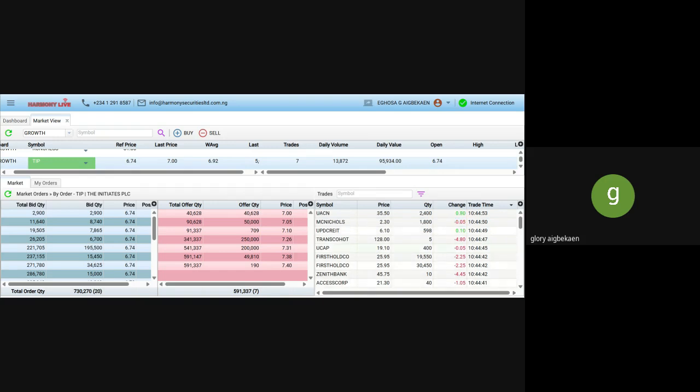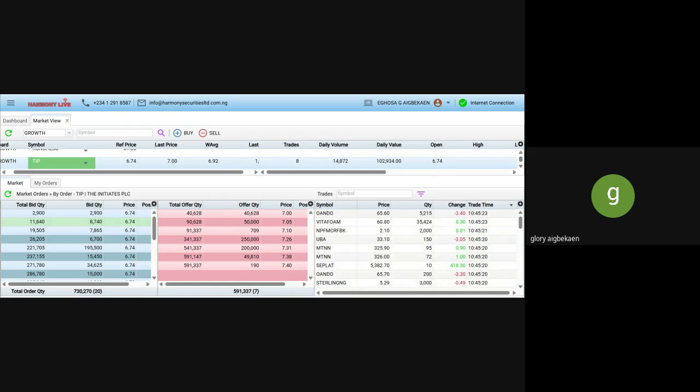So this is the stock, the initial PSC. Last week they closed at 6 naira 74 kobo. But currently, this is the order table. 730,000 units is being bid, but the offer is 591,000 units being offered for sale.